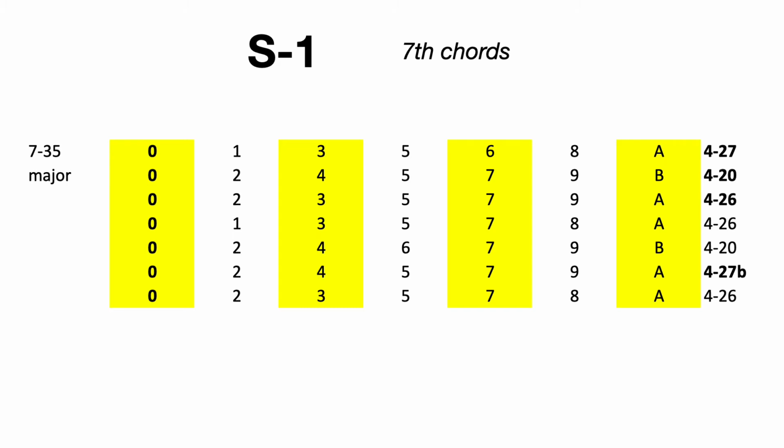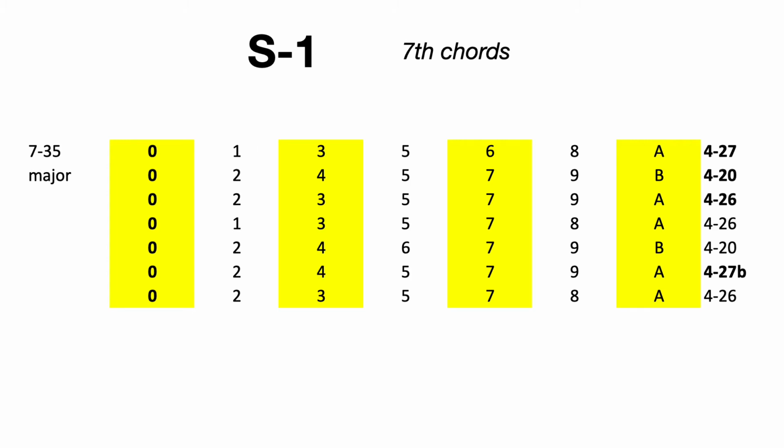You can see it repeating at the fifth degree listed here, but it would be on the fourth degree. And then we have 4-26, which repeats twice. So when you see that it's bolded, that is the primary one, and the other ones are just repetitions of those primary sets.